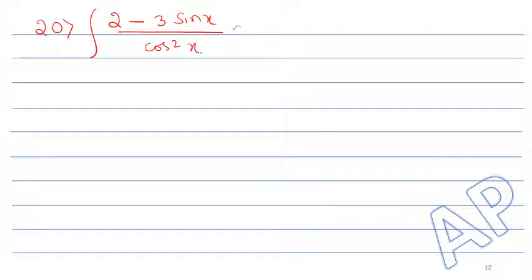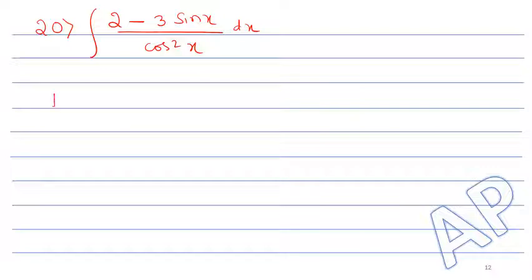Now in exercise 7.1 I have this last question, question number 20, which is integral 2 minus 3 sin x divided by cos square x. Now I will divide each term by cos square x.